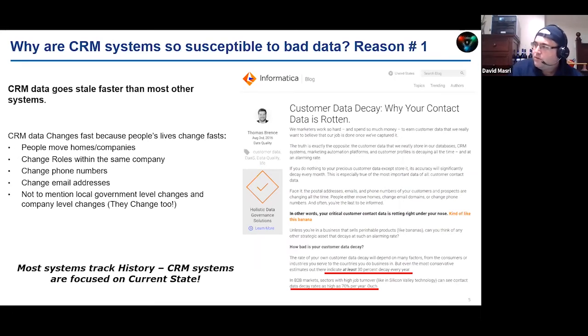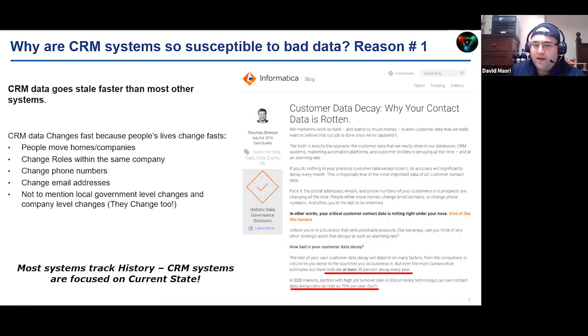So reason number 1, CRM systems data goes stale at an incredibly fast rate, much faster than other systems. And by going stale, what I mean is the data gets outdated. Informatica, which is a leading ETL tool, middleware, or service bus, whichever you want to call them, predicted that in a CRM system, 30% decay every year.